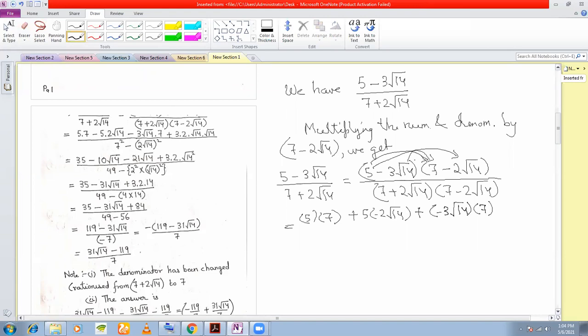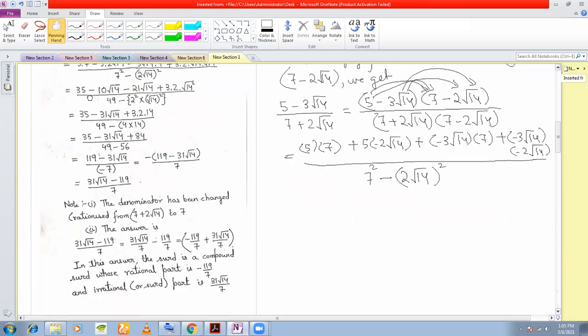And finally you have these two: minus 3 root 14 into minus 2 root 14. And in the denominator, you have a square minus b square form. A here is 7, so a square minus b square, b is 2 root 14 square. Now we only need to simplify this to get our answer.